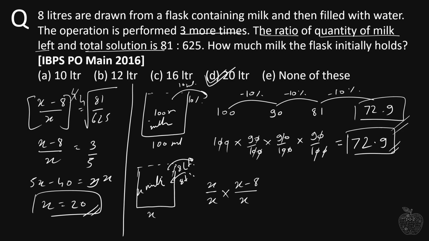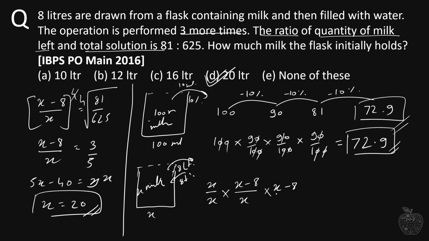After replacement there will again be x liters of solution. We again remove 8, then replace it with 8 of water. So this process is repeated 3 more times. We do the same thing as I did here: when we were removing 10%, we were multiplying by the leftover ratio.